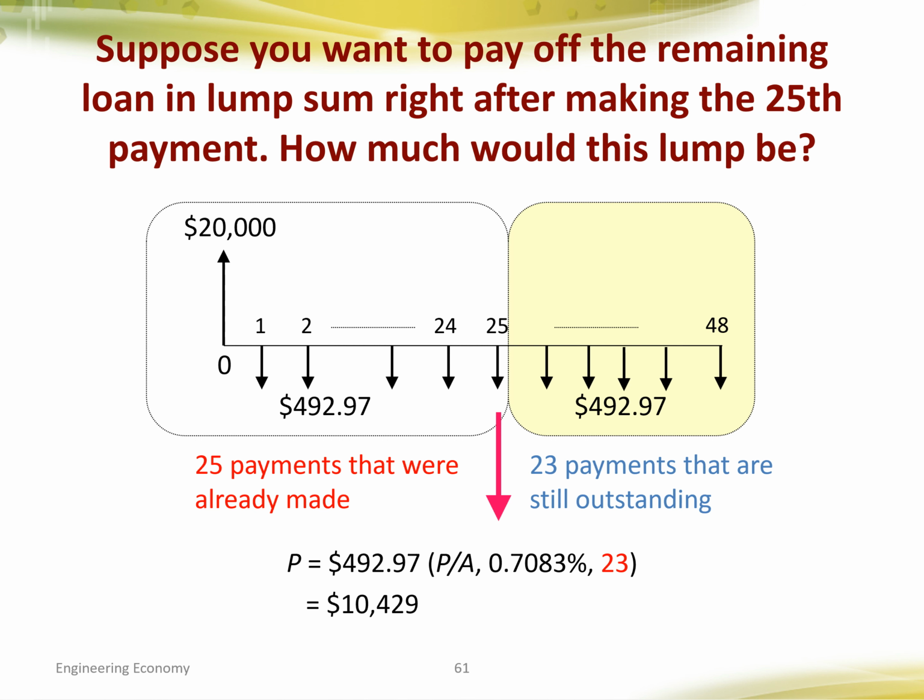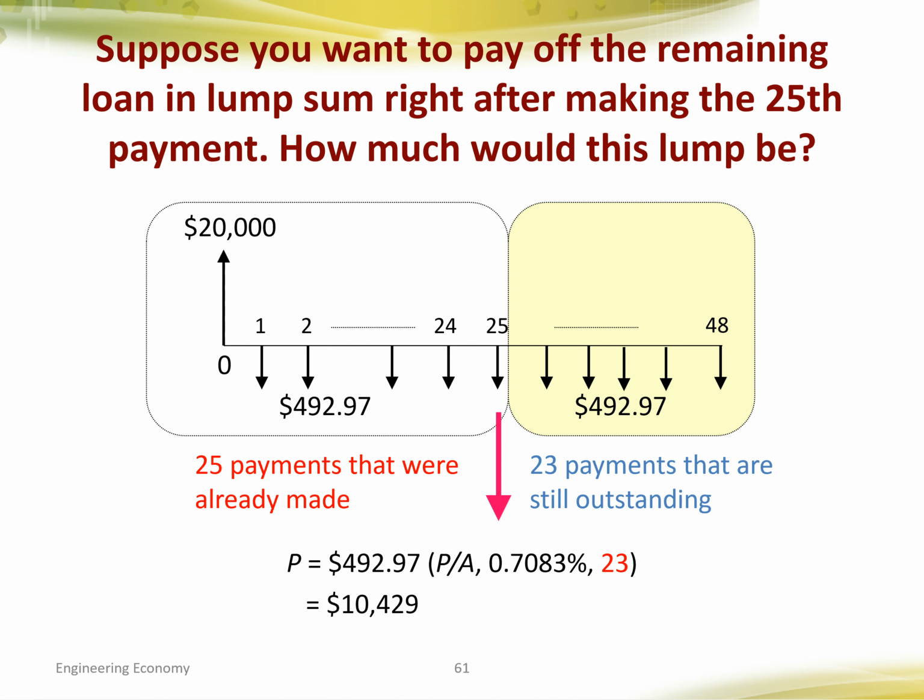So we need to convert the rest of the payments to this point, the end of the 25th month, find the equivalent value and pay it back at that time.